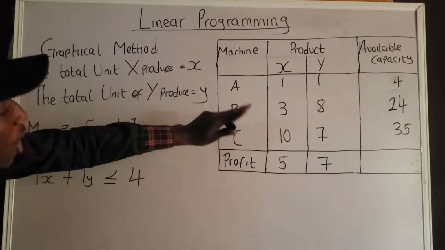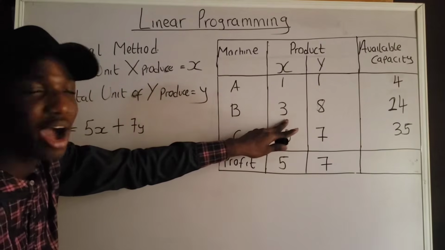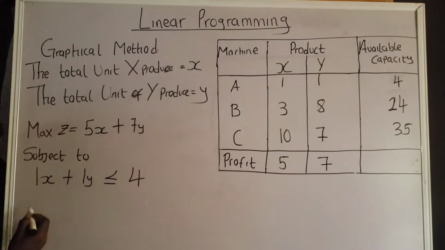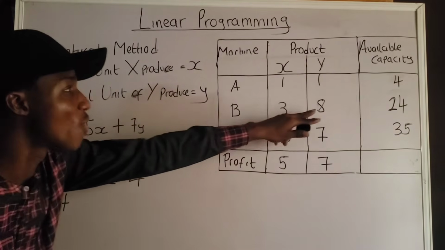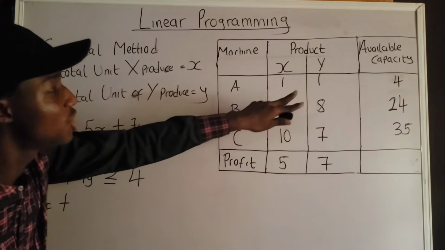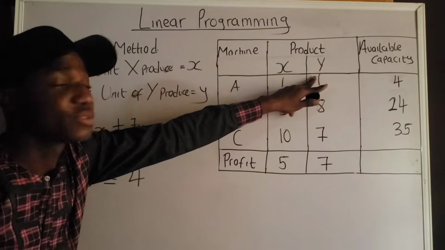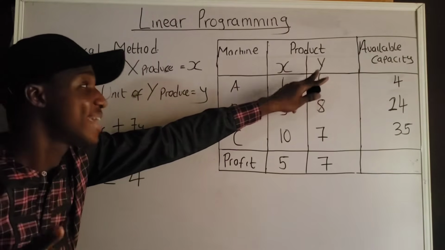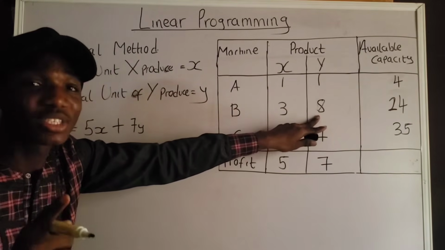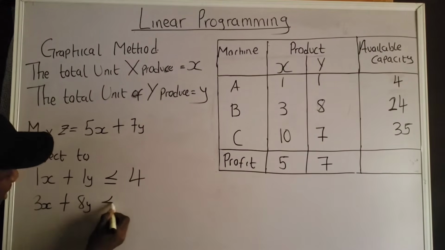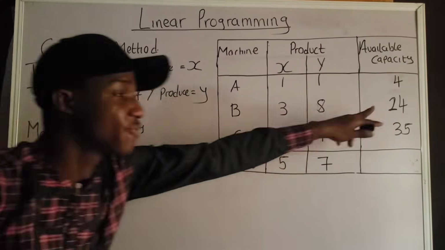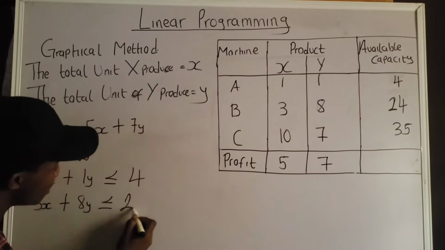To produce 1 unit of product X, I will need 3 hours of machine B. So I'm going to have 3x plus, to produce 1 unit of product Y, I'm still going to use 8 hours of machine B. So I'm going to have 8y is less than or equal to what? 24. So I'm going to have 24 in this place.